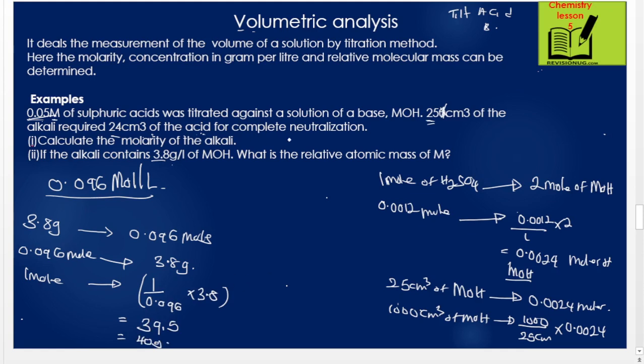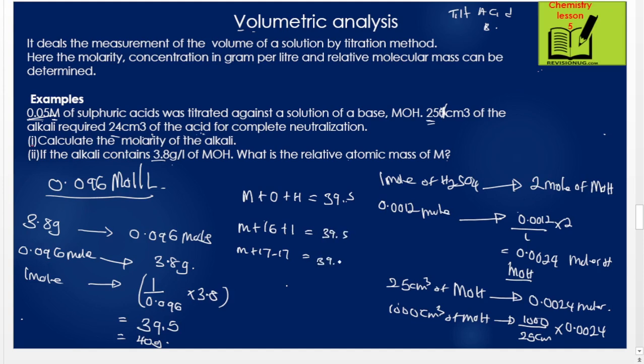Therefore, to get the relative atomic mass, M plus oxygen plus hydrogen is all 40 grams. Now M plus 16 plus 1 for hydrogen gives us 40, or 39.5. We can leave it as 39.5.